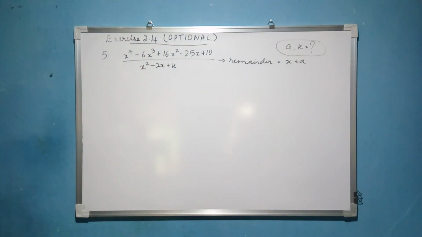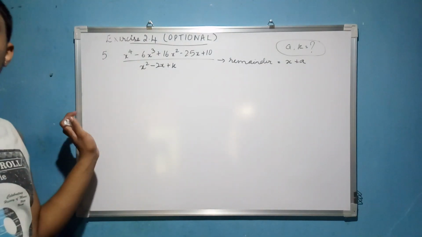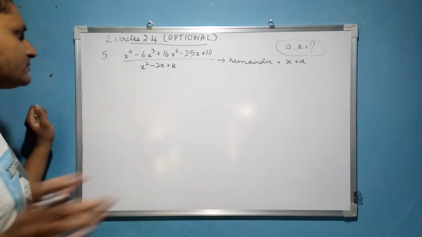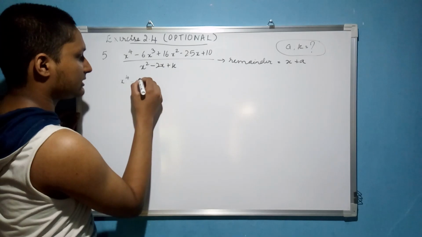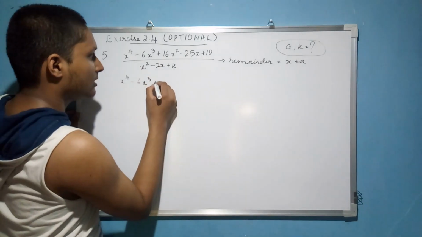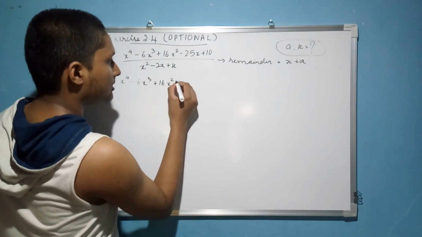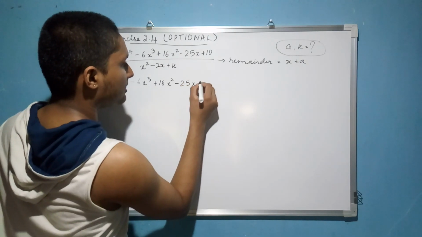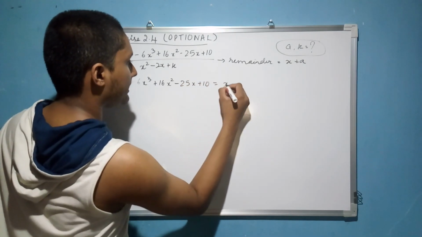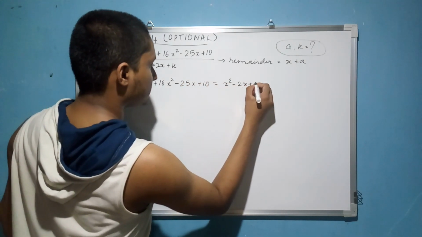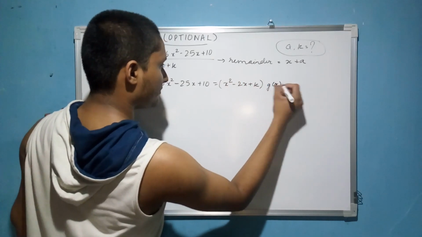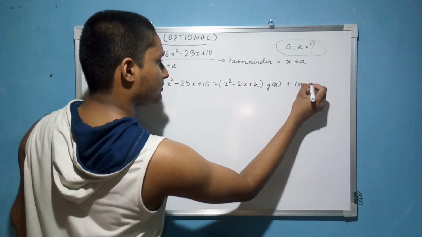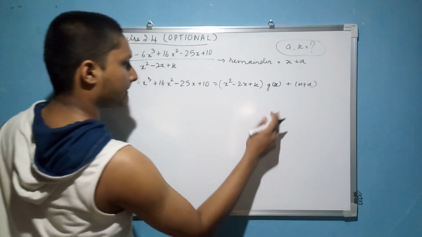So how do we find it? This is based on the division algorithm, so I need to write it in that form. x raised to 4 minus 6x cube plus 16x square minus 25x plus 10 is equal to x square minus 2x plus k into some q of x, plus the remainder, that is x plus a.